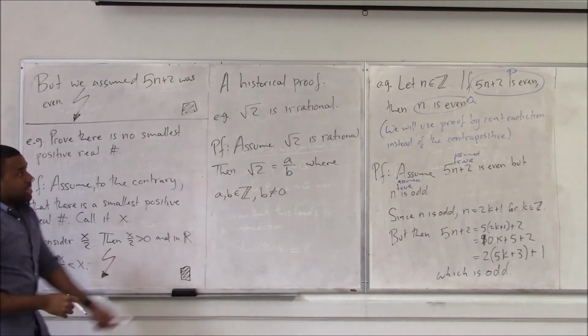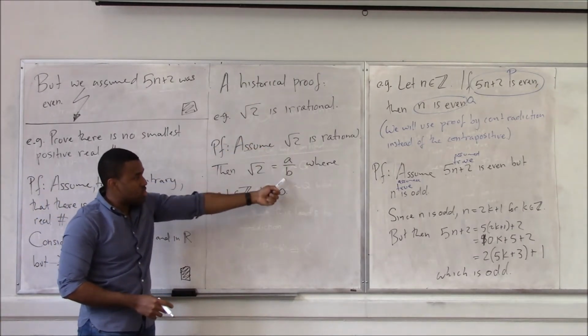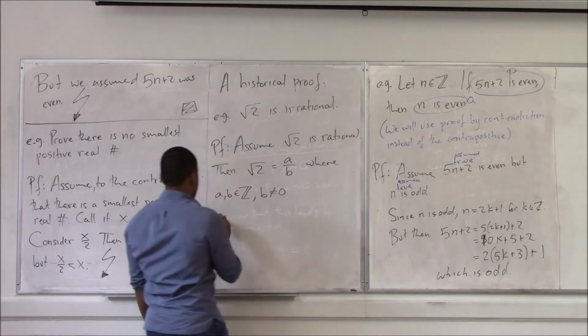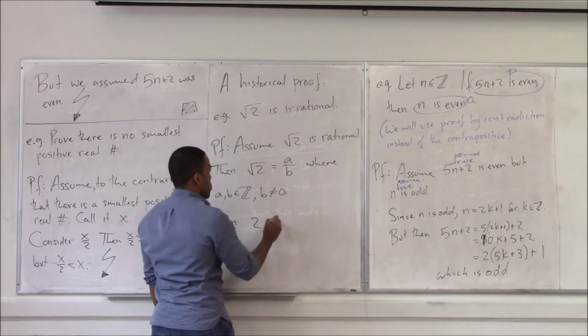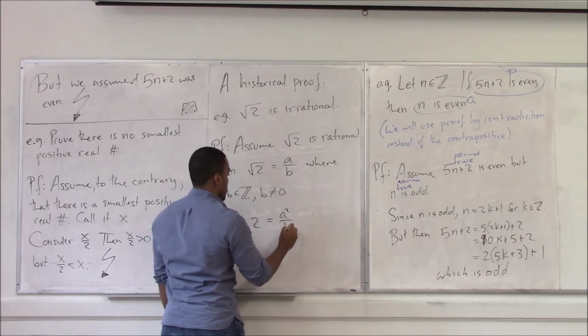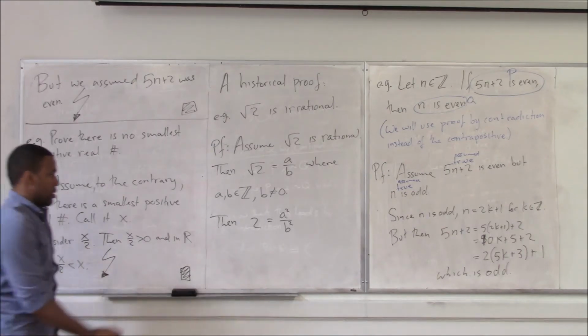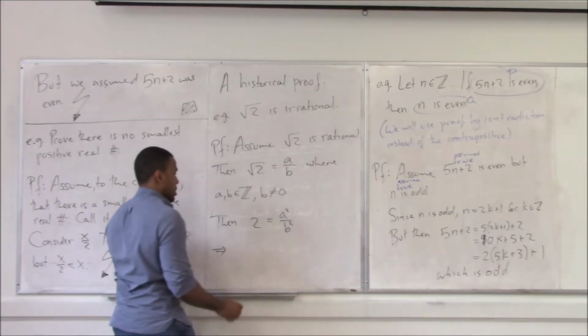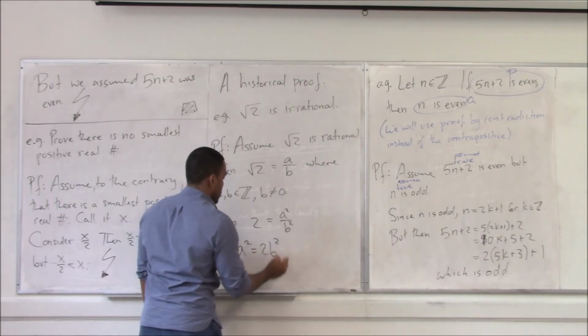Right? So making the assumption that this is false means it's rational, means I can write it in this form. Then I can square both sides. So this means that a squared is equal to 2b squared.